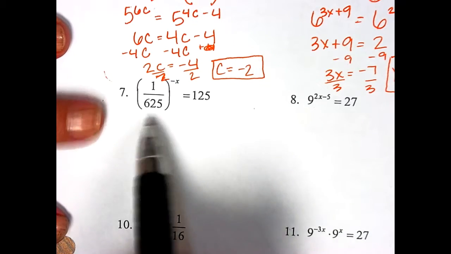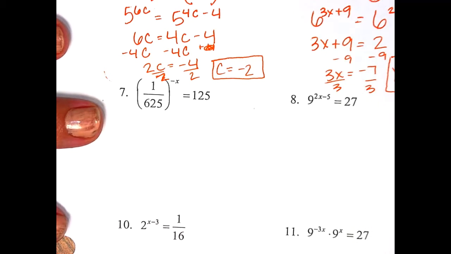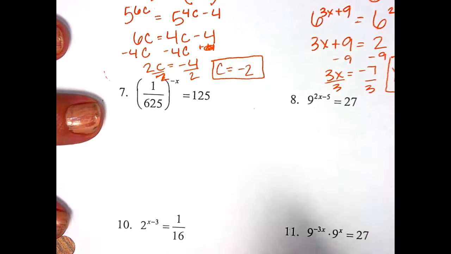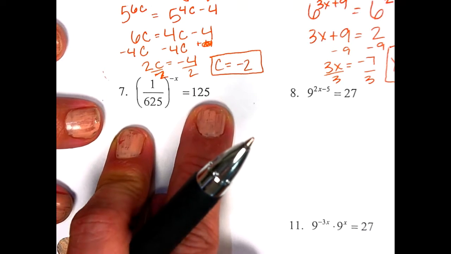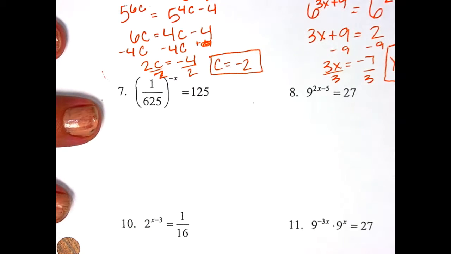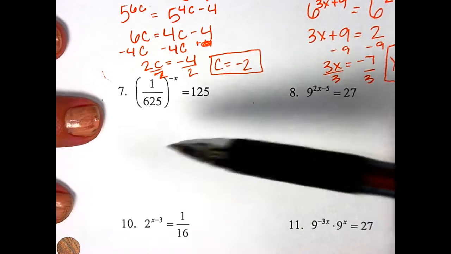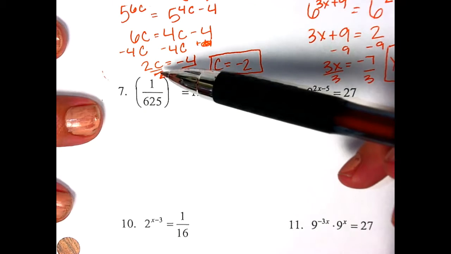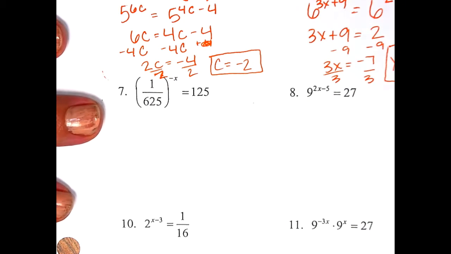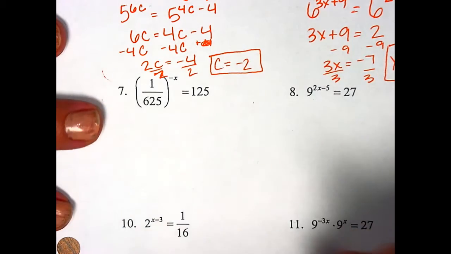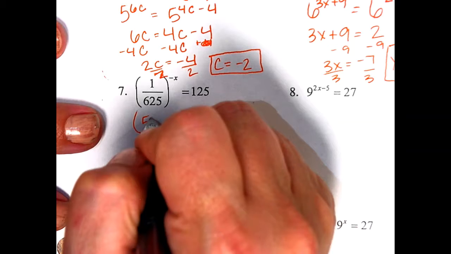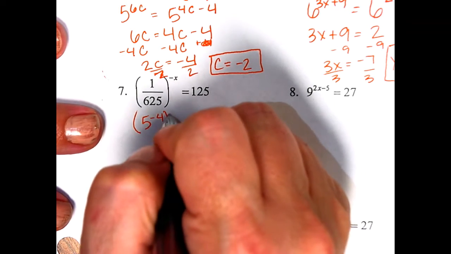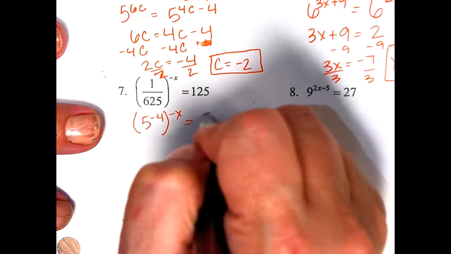I have 1 over 625 to the negative x equals 125. Again, we already did something with 625 and 25, so we know that the base has to be 5. Okay, so you need to remember that when you have a fraction, that means you had a negative exponent. So I'm going to rewrite this as 5 to the negative 4 to the negative x equals 5 cubed.